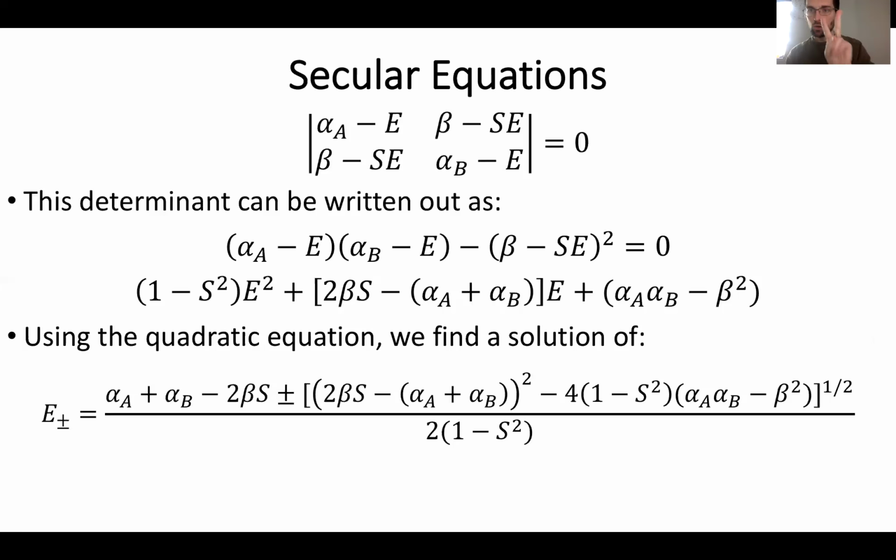We found two minima, which should hopefully make sense, because if I mix two atomic orbitals, how many molecular orbitals will I get? I'll get two orbitals back. And each of those orbitals will have its own energy. We found the energy of each of our molecular orbitals when I mix two atomic orbitals. This is hugely powerful.